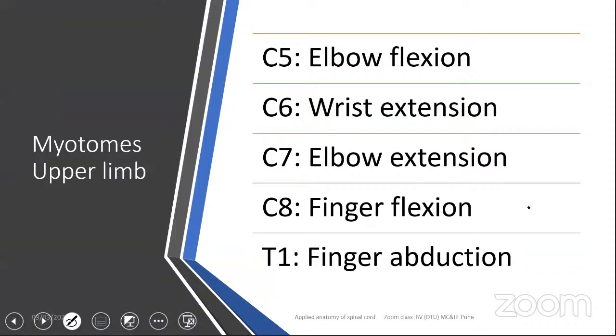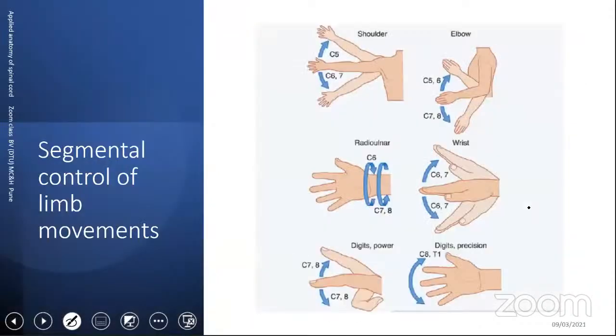So the myotomes of upper limb, the important ones, elbow flexion is C5, wrist extension is C6, elbow extension is C7, finger flexion is C8 and T1. So you can see the various movements or excursions by the upper limb. You can see the C5 helping in the shoulder abduction, and C6 and C7 is adduction.